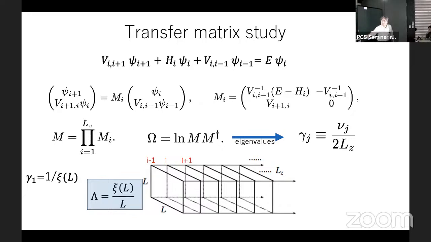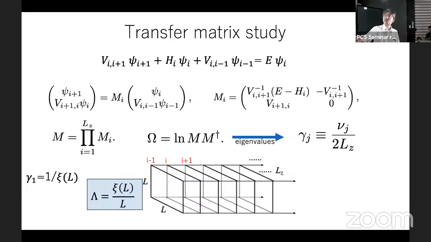It depends on which site we are focusing on, because H_i is random and depends on the number of the layer, or index of the layer.